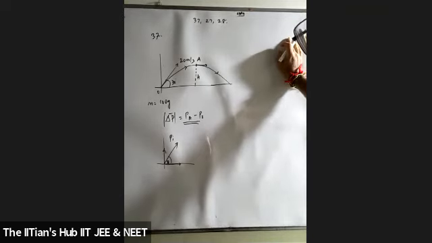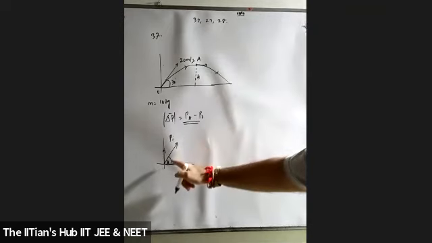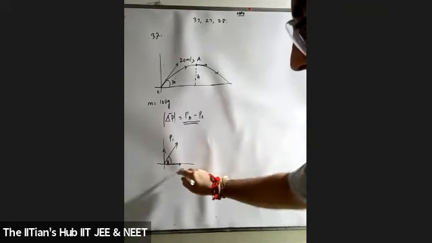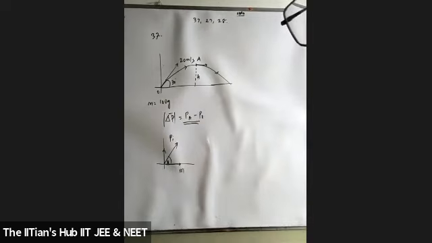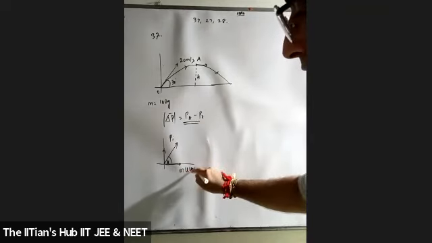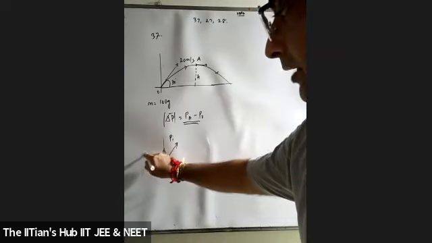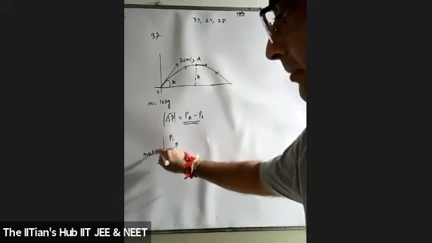But still, I didn't get you. What made you say mass into velocity gives momentum as 2? Your initial momentum was with respect to theta. So what is your initial along horizontal? That will be equal to mu cos theta i cap, and this will be mu sin theta j cap.